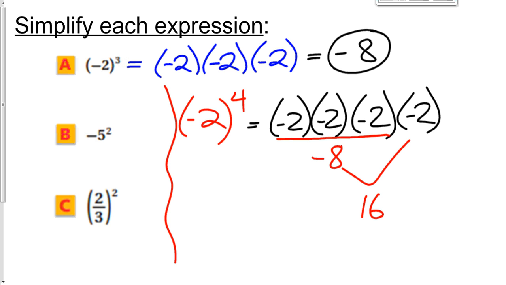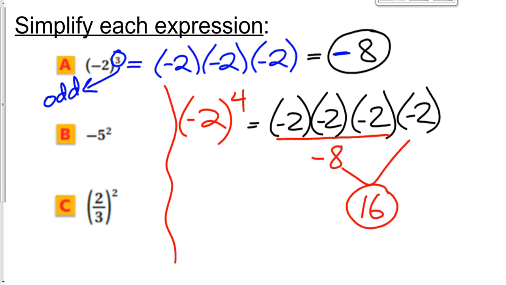All right, so here's the shortcut. If you have a negative number as your base, and you're raising it to a power, you can look at what kind of power you have. So, for example, 3 is an odd number, and an odd power with a negative base gave us a negative number.